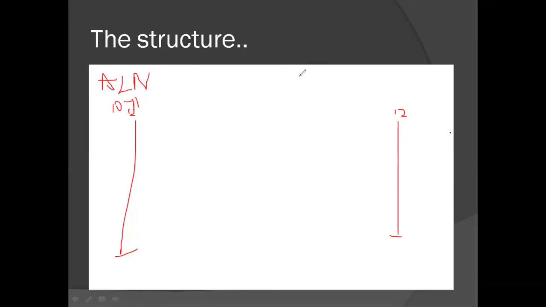So we have this, and when the market opens up each day, each session has its specific move. I repeat, each session has its specific move.